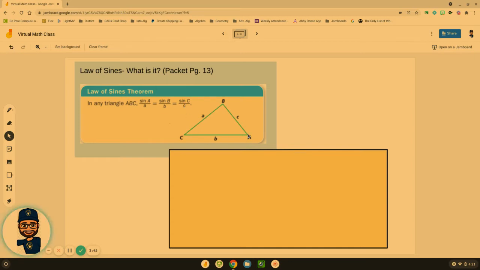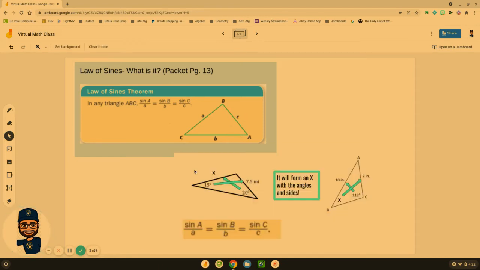I can take the sine of angle A over side A equals the sine of angle B over side B equals the sine of C over its opposite side. It's all about that relationship to its opposite sides. Basically, you're forming an X, if that makes sense. I'm forming an X by setting up a proportion that will help me solve for that missing side.